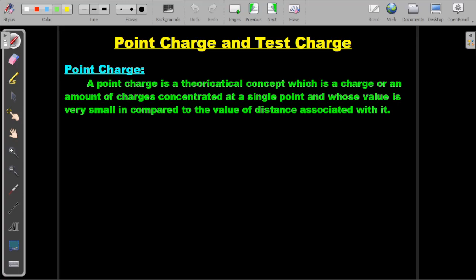It can be a single charge or an amount of many charges, but it is assumed to be concentrated at a single point and whose value is very small compared to the value of distance.